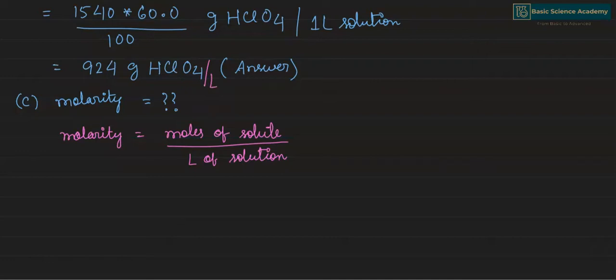So we will use this 924 gram to find the molarity. Since we need the moles of solute, we have to divide 924 gram by the molar mass of HClO4 to get the moles of the solute.